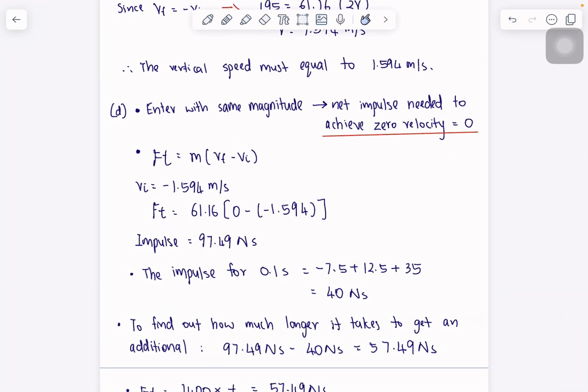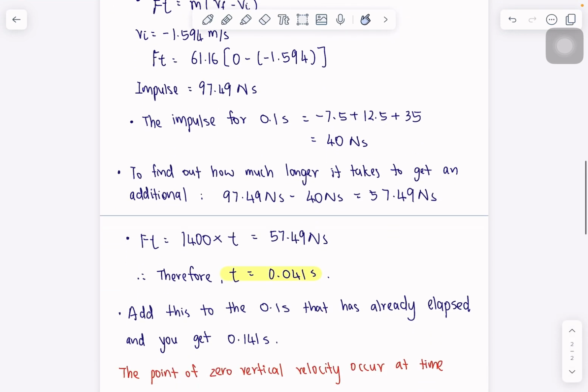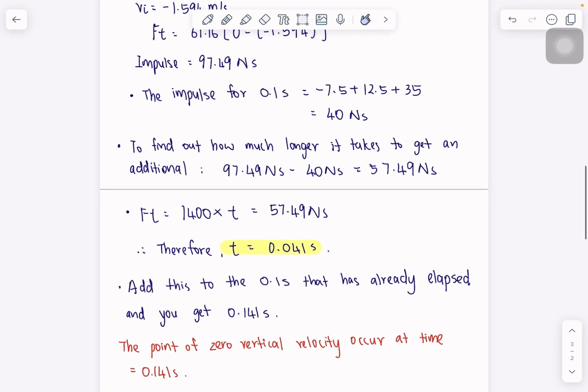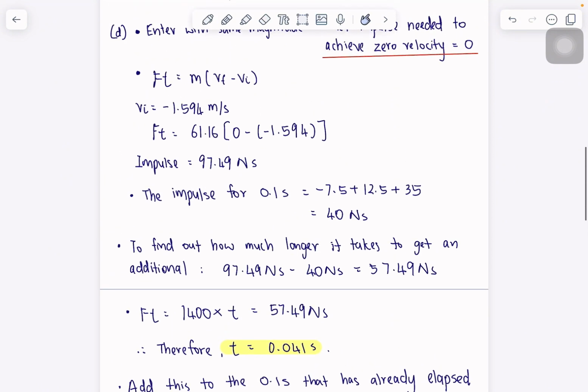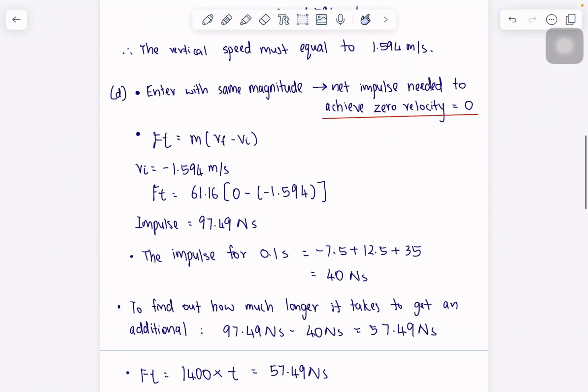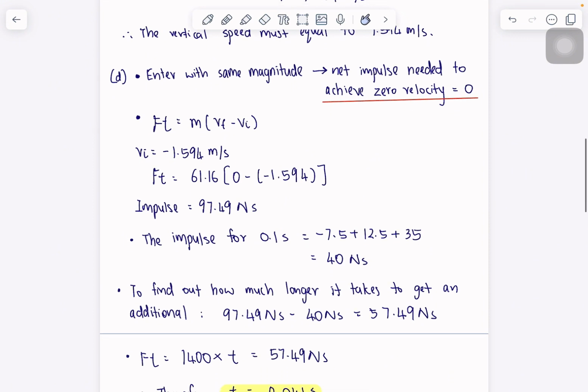In order to calculate the point of 0 velocity, the net impulse needed to achieve 0 velocity is required. We use the same formula as above: Ft equals m times (Vf minus Vi).